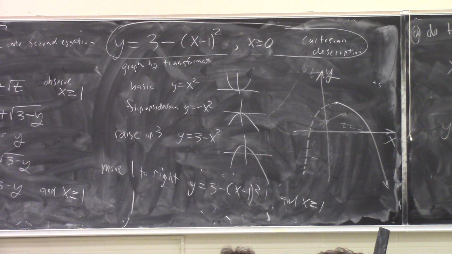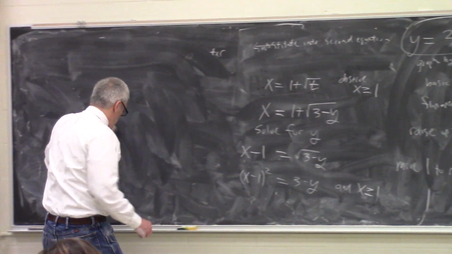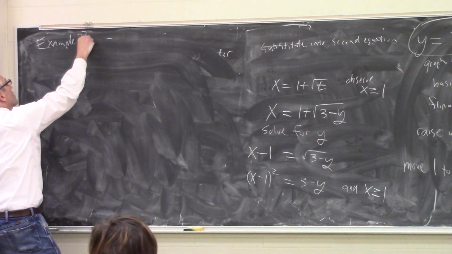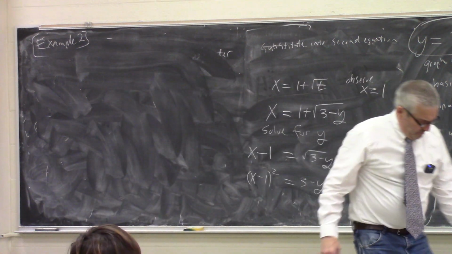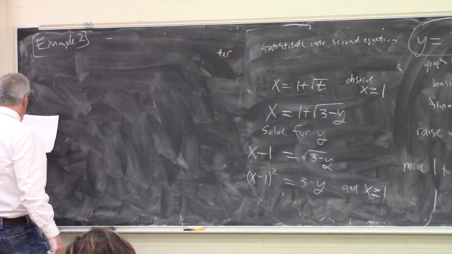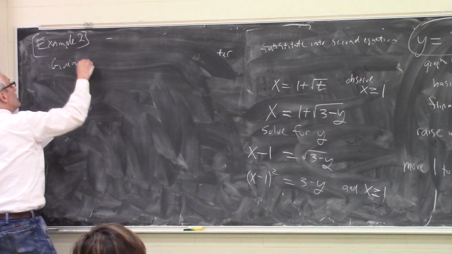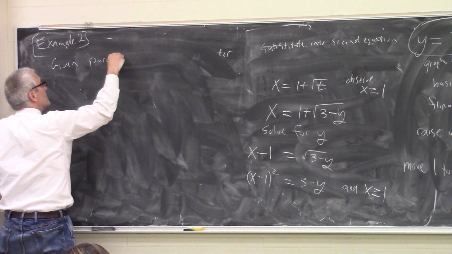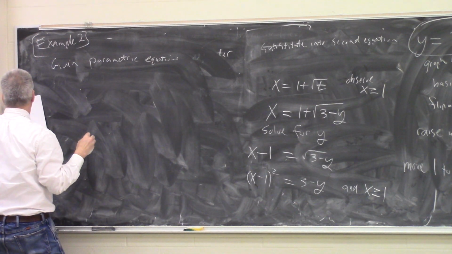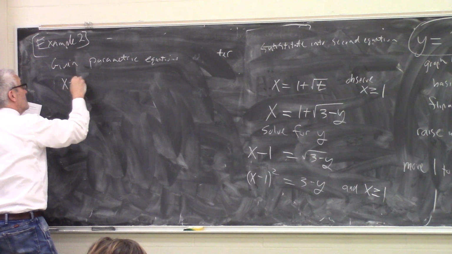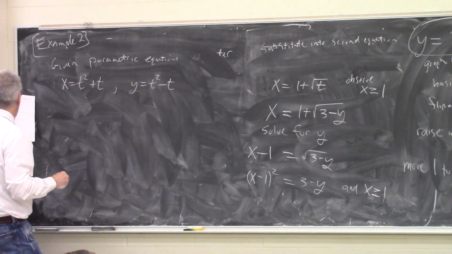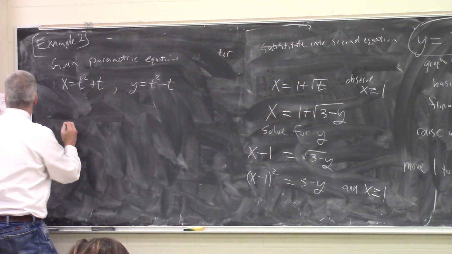Okay, example 2. Given parametric equations, x equals t squared plus t, and y equals t squared minus t, sketch by using the equations to plot points.